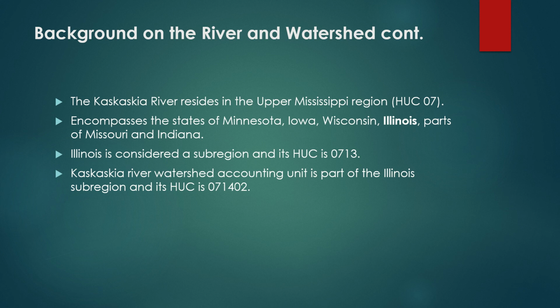Illinois is actually considered a subregion, and its HUC is 0.713. And the Kaskaskia River watershed, which is what we're looking at, is an accounting unit as part of the Illinois subregion, and its HUC is 0.71402.